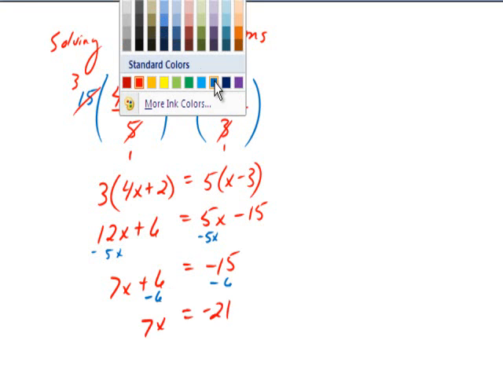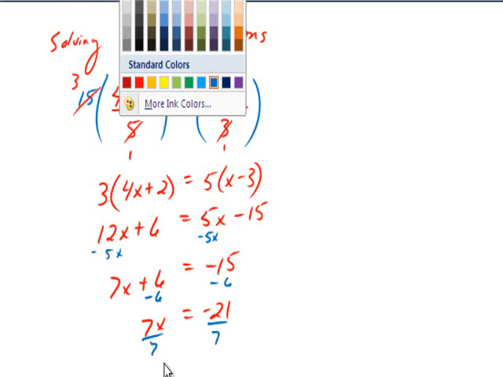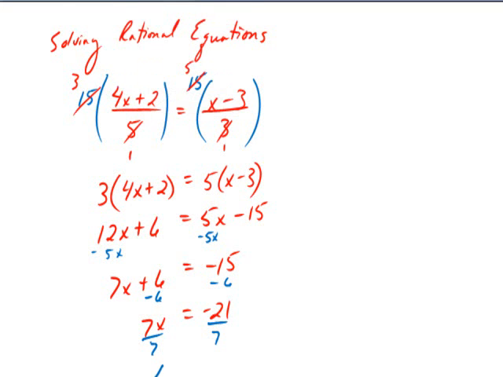And let me divide both sides by 7. I have an answer of x equals negative 3.